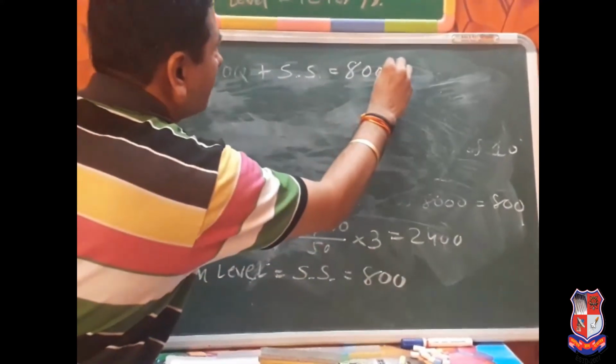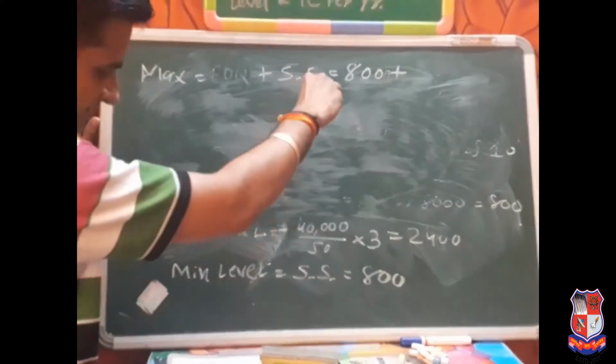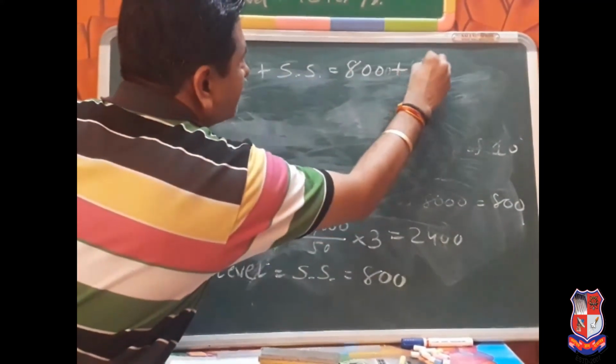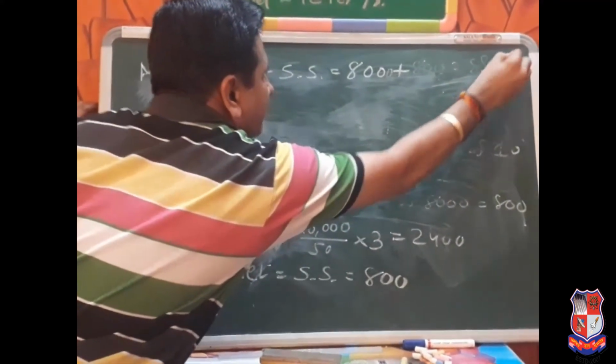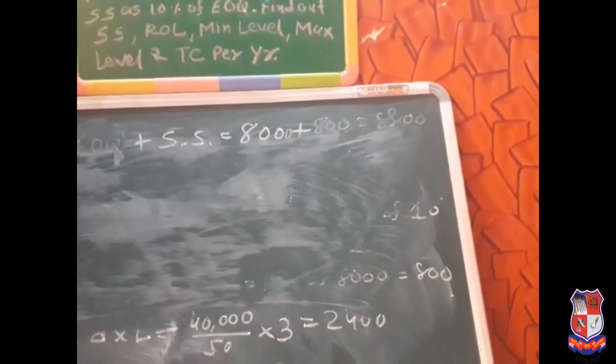So your EOQ is 8,000 and the safety stocks is 800. So it is 8,800. So this is your maximum level.